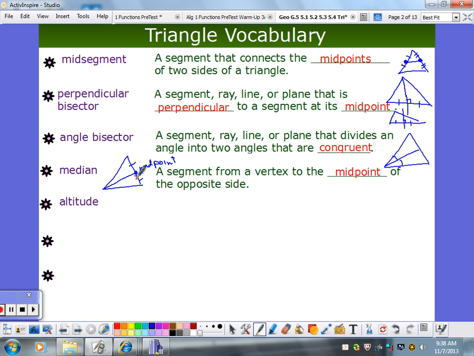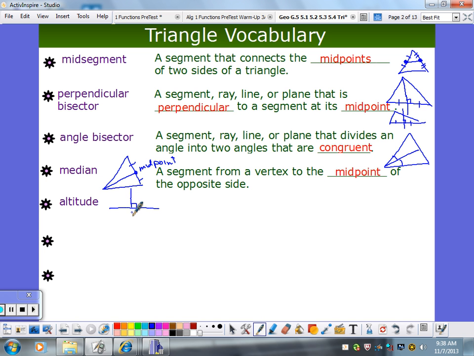And altitude. This one I can make perfect sense out of. Like if you're an airplane at altitude, and let's pretend you're just hovering for a minute, you drop something, what kind of line do you get to the ground? It's going to be a perpendicular line.